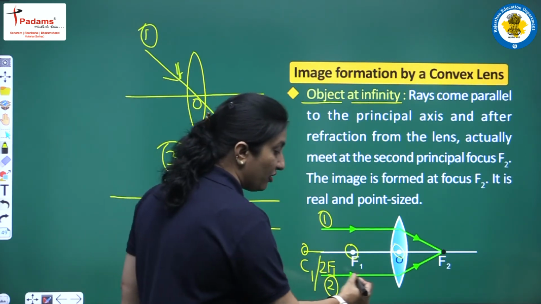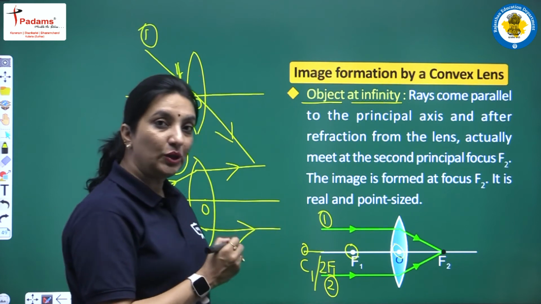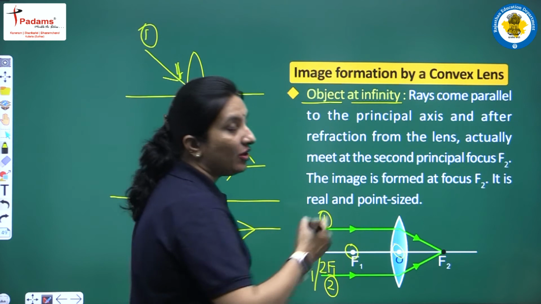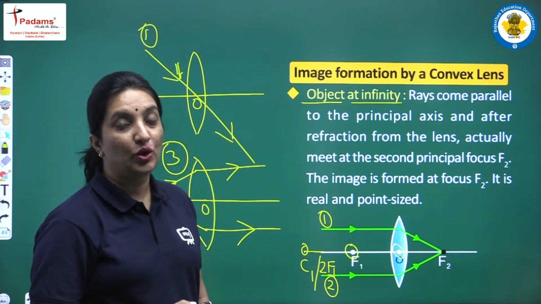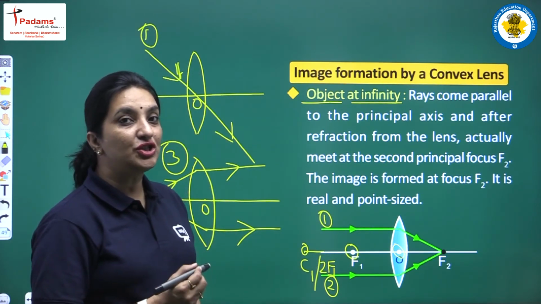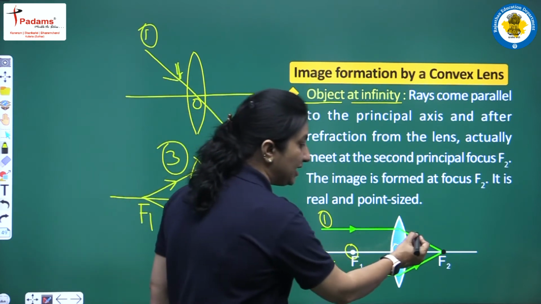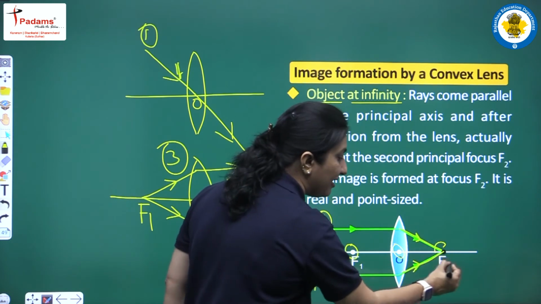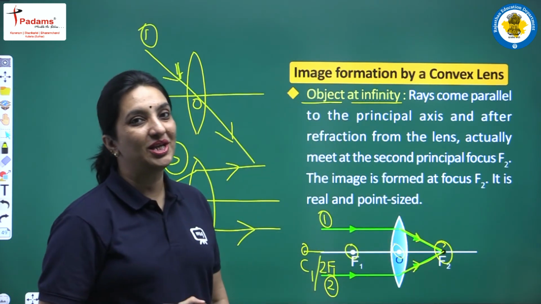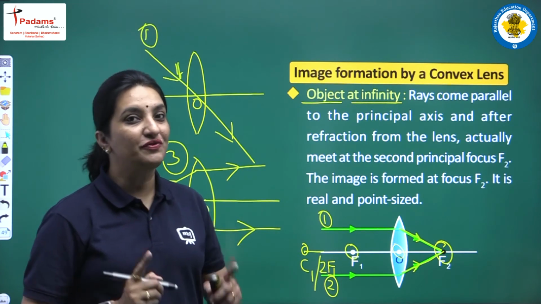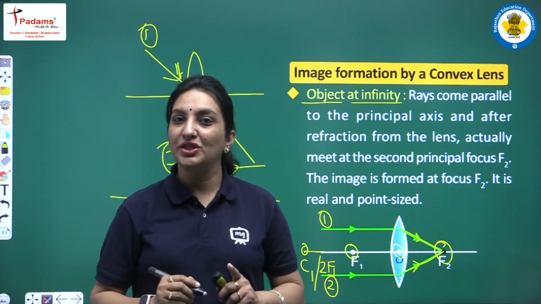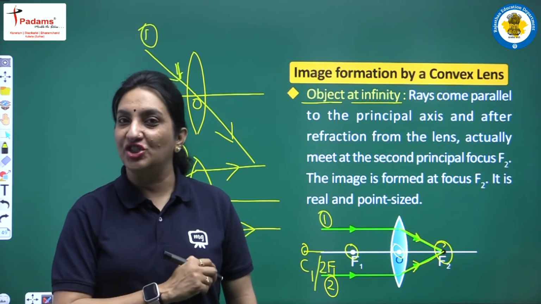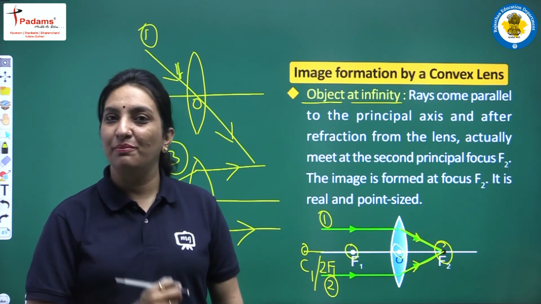Similarly, the second ray of light which is incident parallel to the principal axis, after refraction through the lens will again go through F2. So these two refracted rays meet at F2. Here the image will be formed, because for image formation we must have at least 2 refracted rays, and the point at which they meet, there the image will be formed.